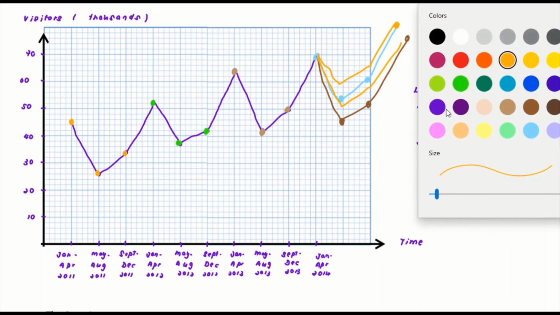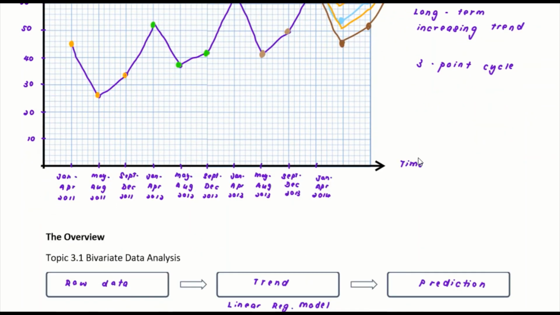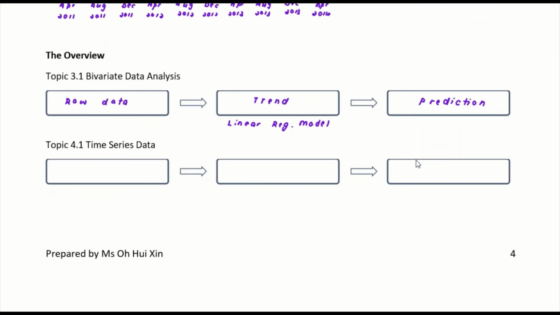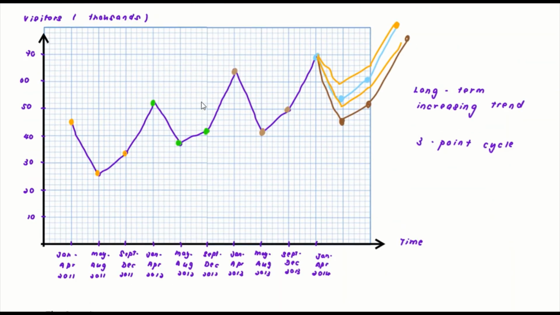So that's why, what do we need to do in this time series data? We have something special here, which is known as smoothing the data. For this part, we are going to deal with most likely seasonal data, which means data that has periods in a cycle, like what we have just now, for example, this one.